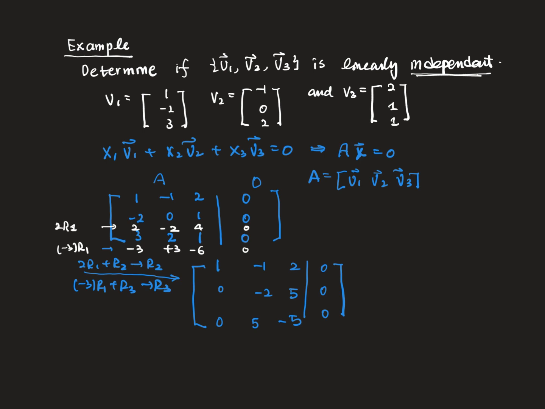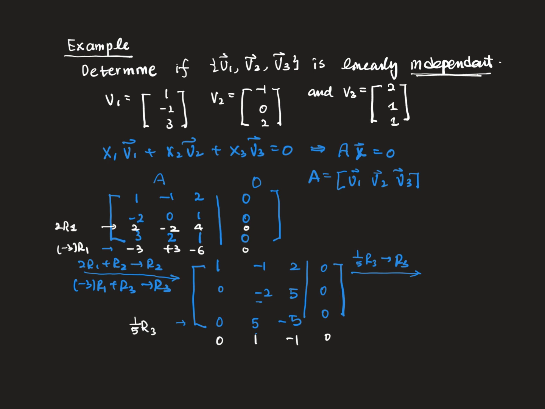I want to make this entry a pivot. So for the third row, divide by 5, which means 1 over 5 R3 goes to R3. You have 0, 1, negative 1, 0.